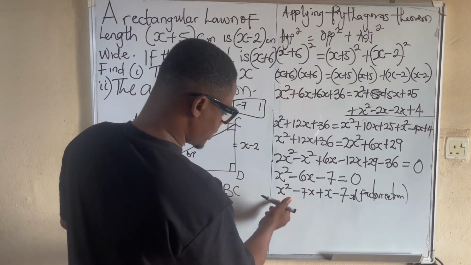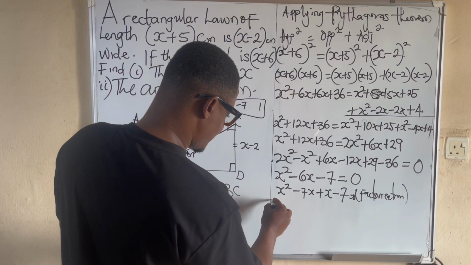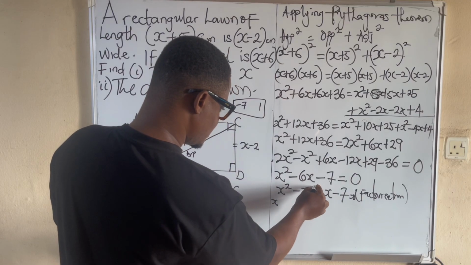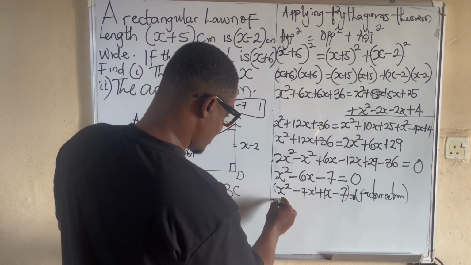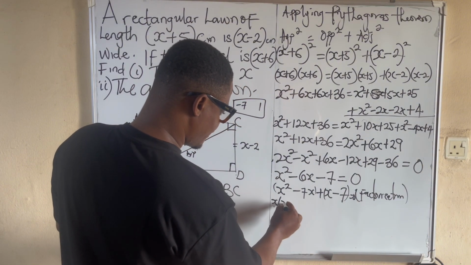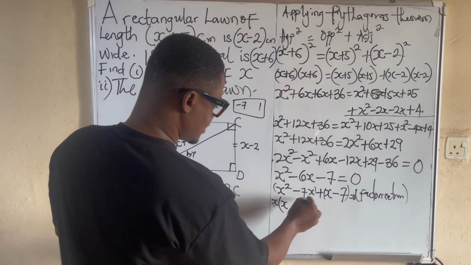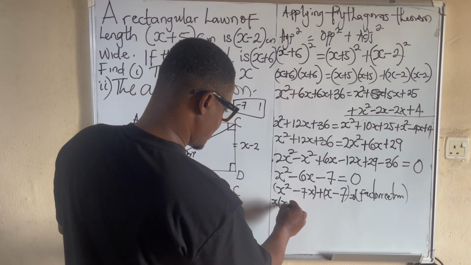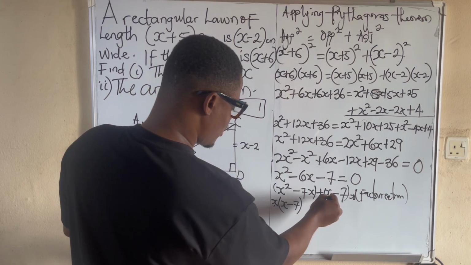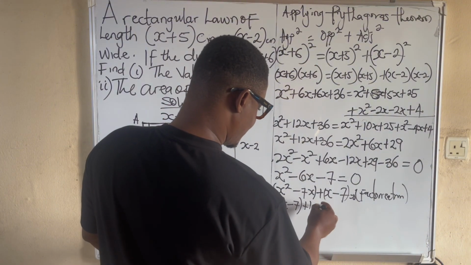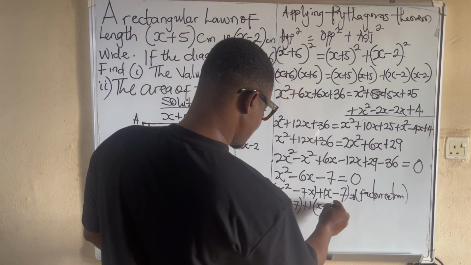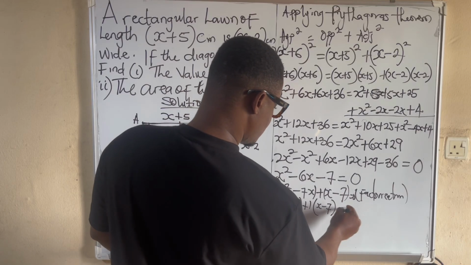So here we have, what is the common term? We have x is common with this. If x divides here, we have x, and if x divides here, we have minus 7. The common term here is positive 1. If 1 divides here, we still have x minus 7. And this is equal to 0.